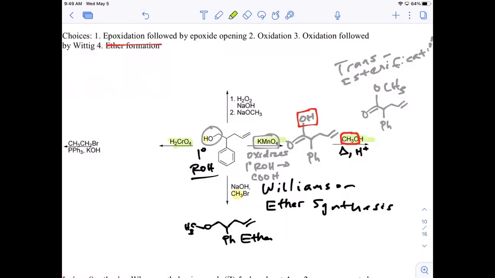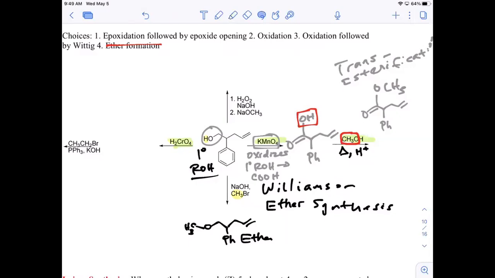Look on the handout, the bottom left quadrant. What does chromic acid do to a primary alcohol? It's going to convert it into an aldehyde. Great. Thank you.